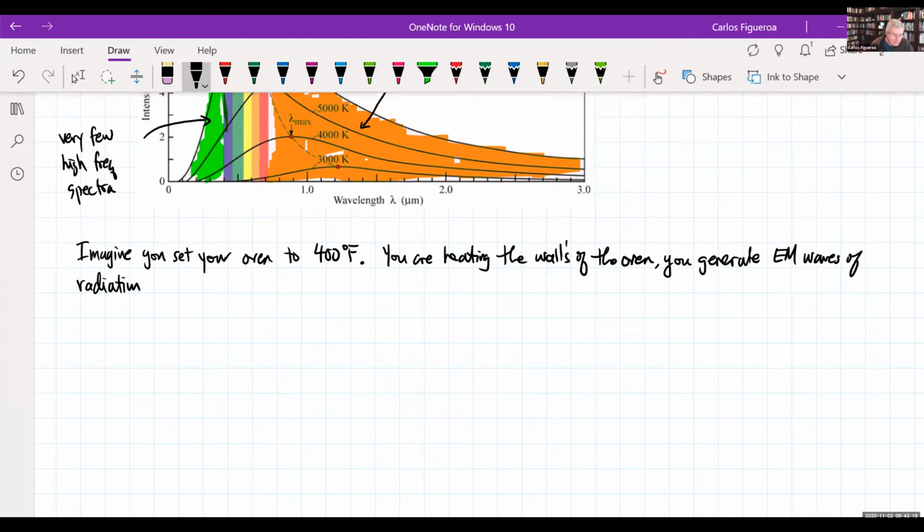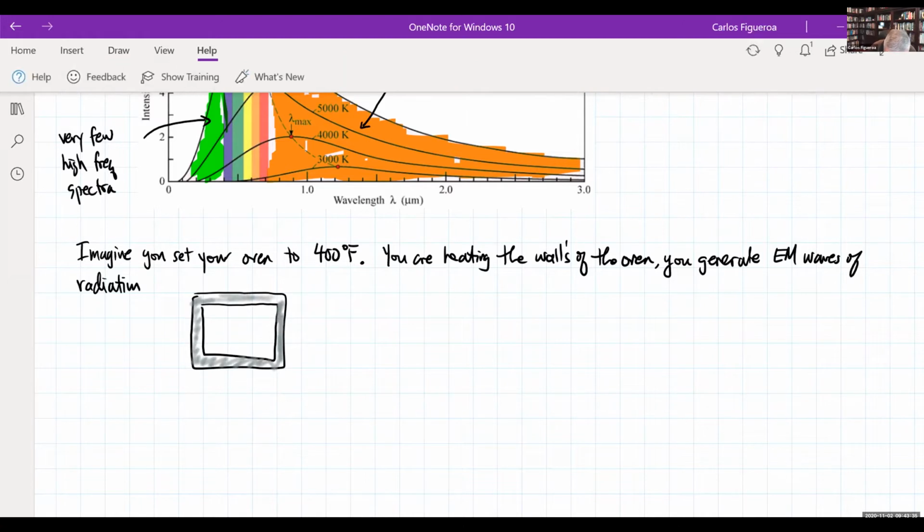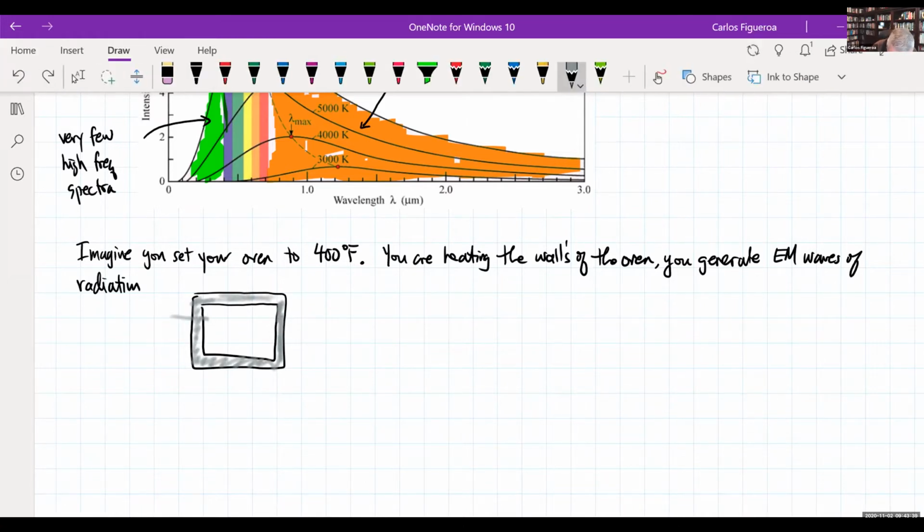Okay, so in other words, when I'm thinking about my oven, I imagine that I have walls here. So I heat up my oven, and of course, my oven right here, we're going to call the inside of this thing, right?